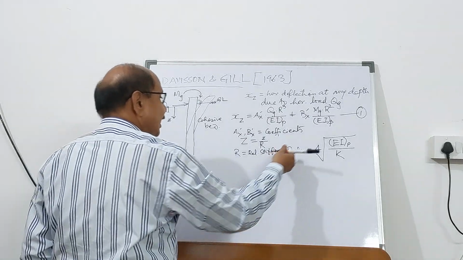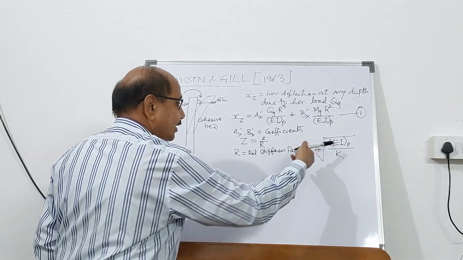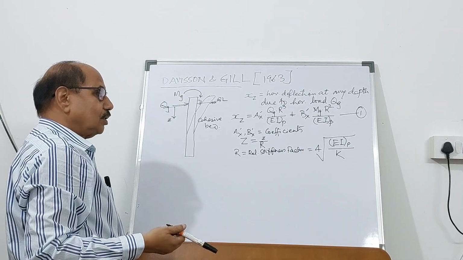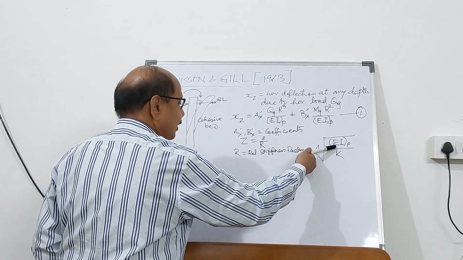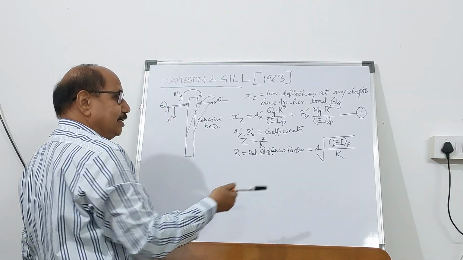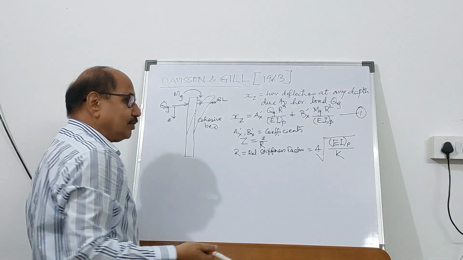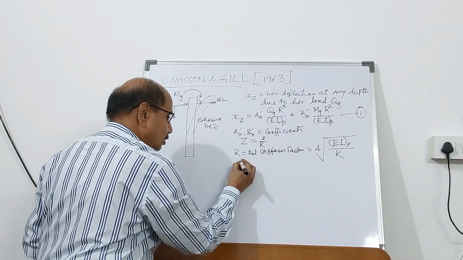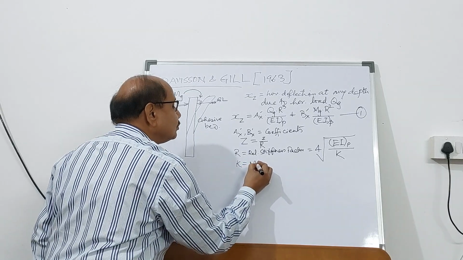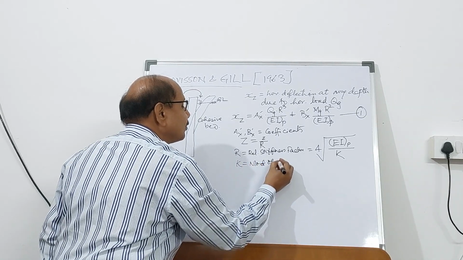And EI is the flexural rigidity of the pile material, E is the modulus of elasticity of the pile material, I is the moment of inertia of the pile material, and K is called modulus of subgrade reaction.